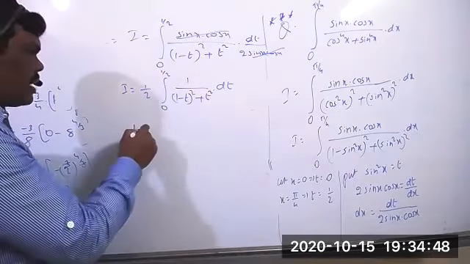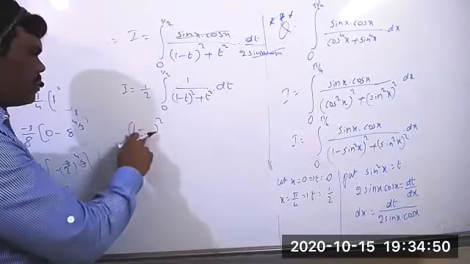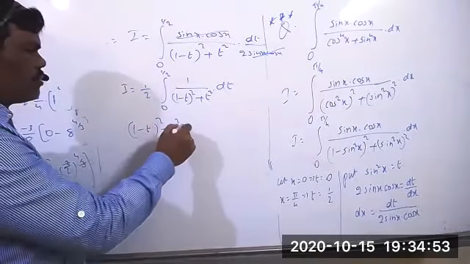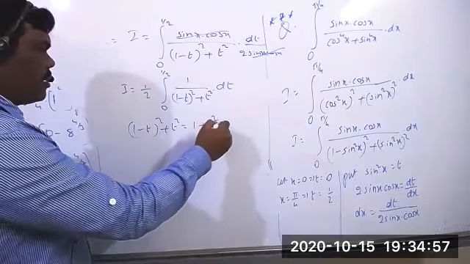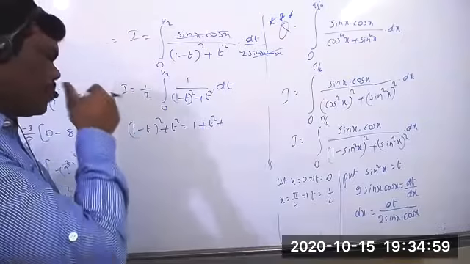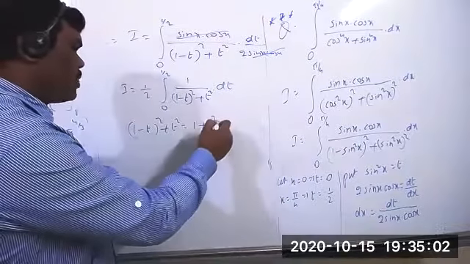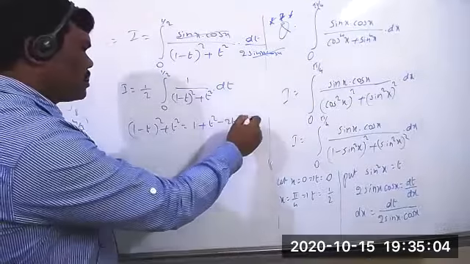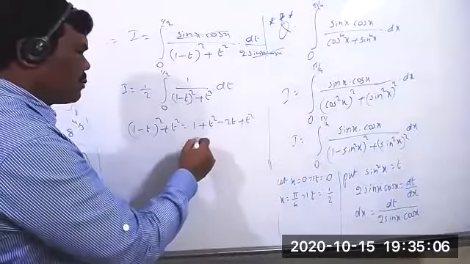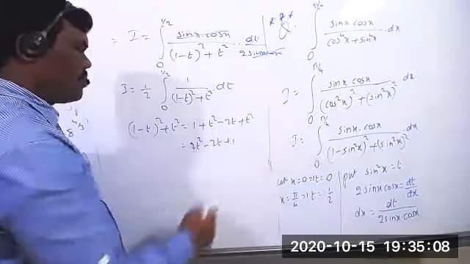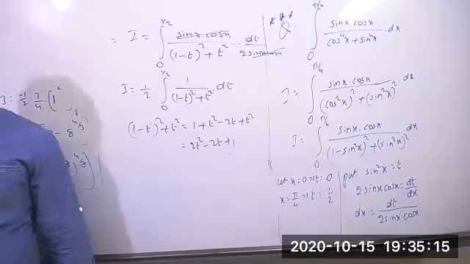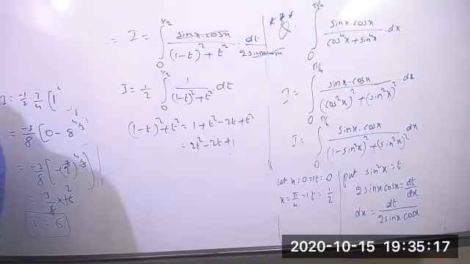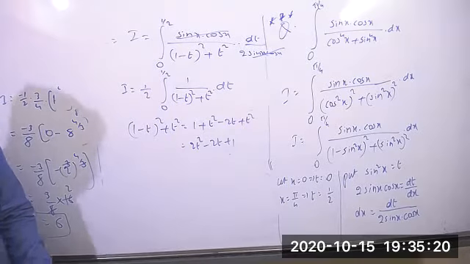Suppose you take 1 minus t whole square plus t square equal to a minus b whole square, 1 plus t square minus 2t plus t square. So this is 2t square minus 2t plus 1. Now you can apply the completing square method here.